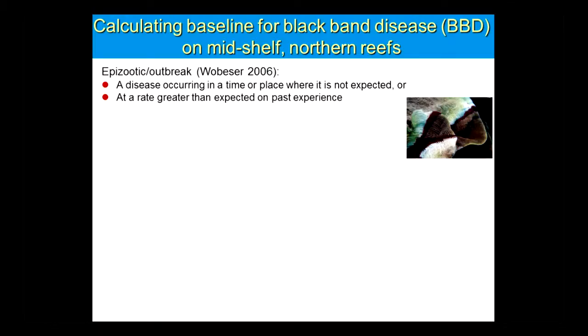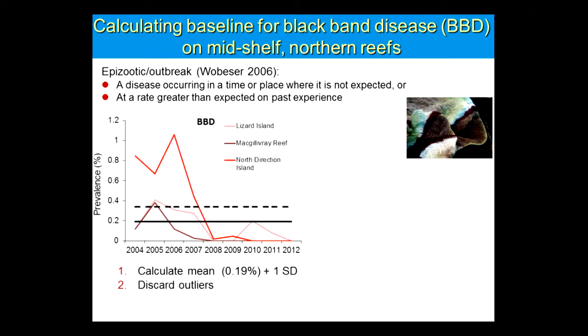Just to give you an example of how we are calculating some of these baselines, working on the definition that a disease outbreak is any case where disease occurs at a time or a place that's more than you would expect, or occurs at a greater rate than you might expect, then we can use this definition to try and work out what we would consider to be a baseline.